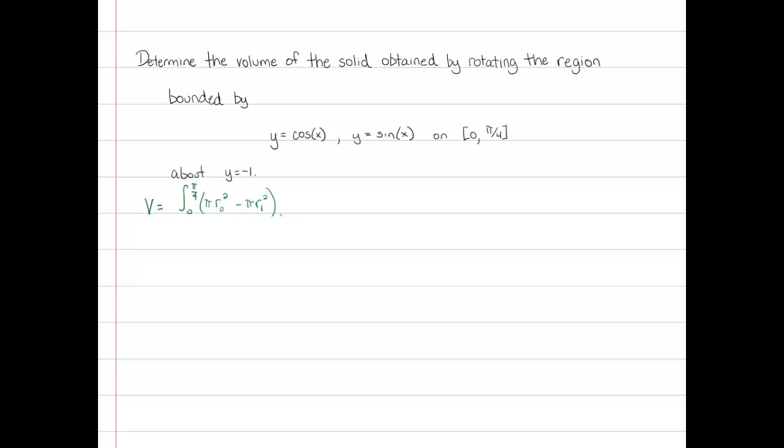And of course, you're taking your slices with respect to x. And as we saw on that picture there, I'm going to pull the pi out here, 0 to pi over 4. The outer radius, if you take a look at it, let me go ahead and write it this way, squared minus inner radius squared dx.